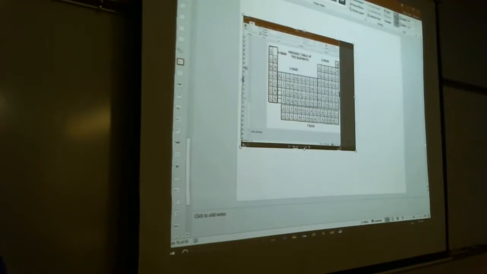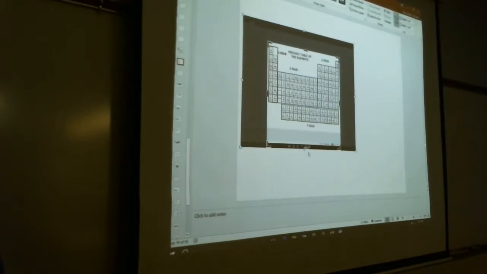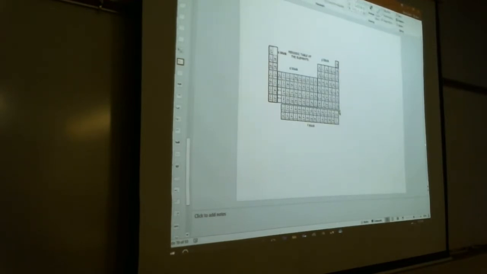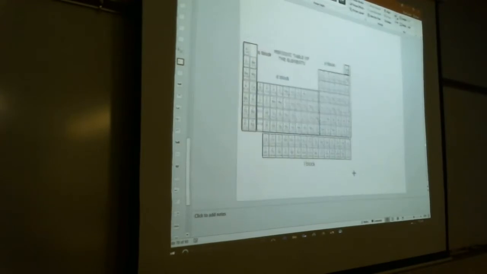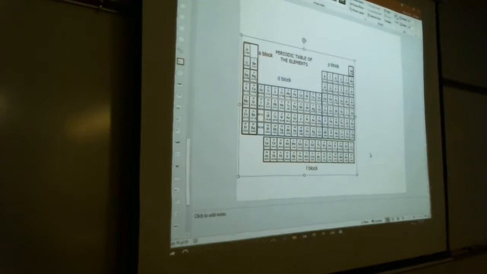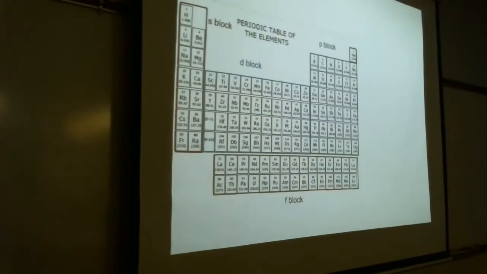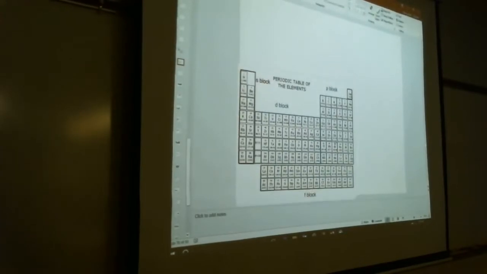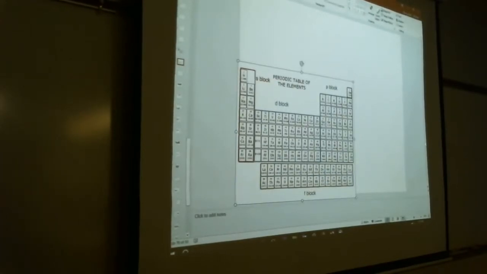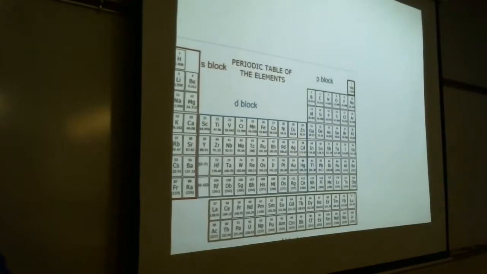Took a screenshot there, cropping off all the excess stuff. Make it a size that we can read. All right, that works. Well, let's move it down just a touch. I'm not that tall. There we go.